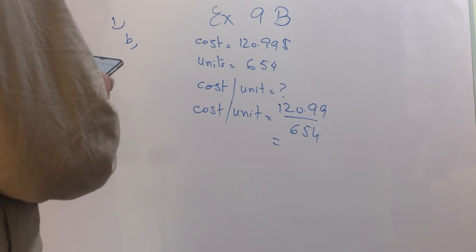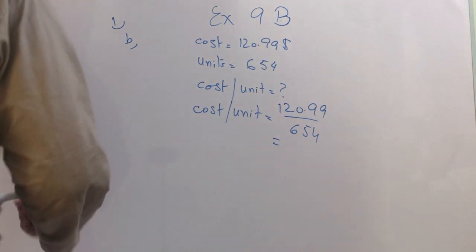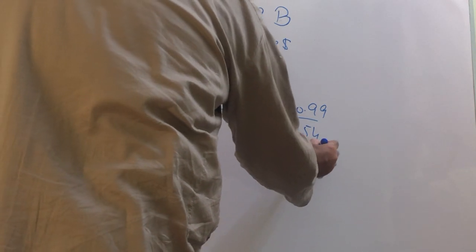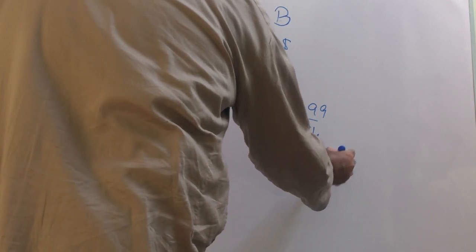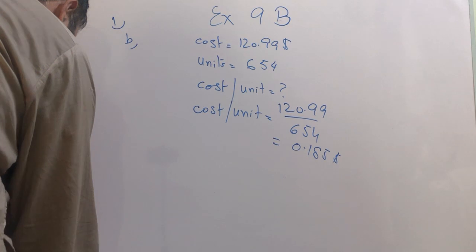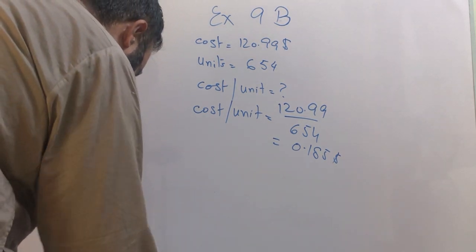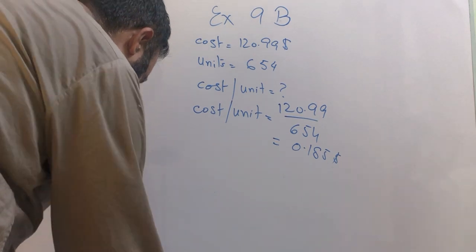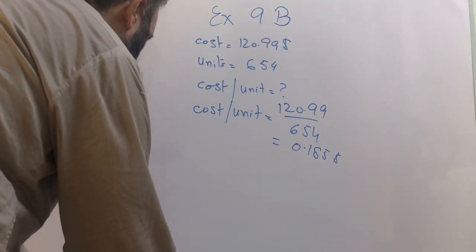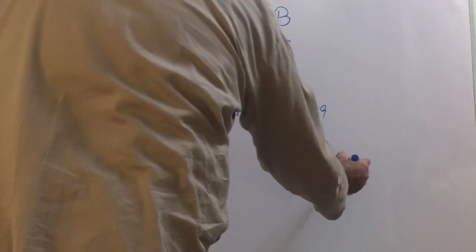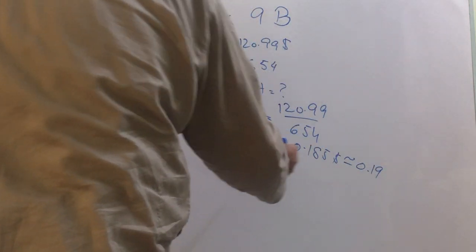It becomes 0.185 dollars. So this was part B. Very simple. Part B, 0.19 is the answer. So if we round it off, it becomes 0.19 to 2 decimal places.